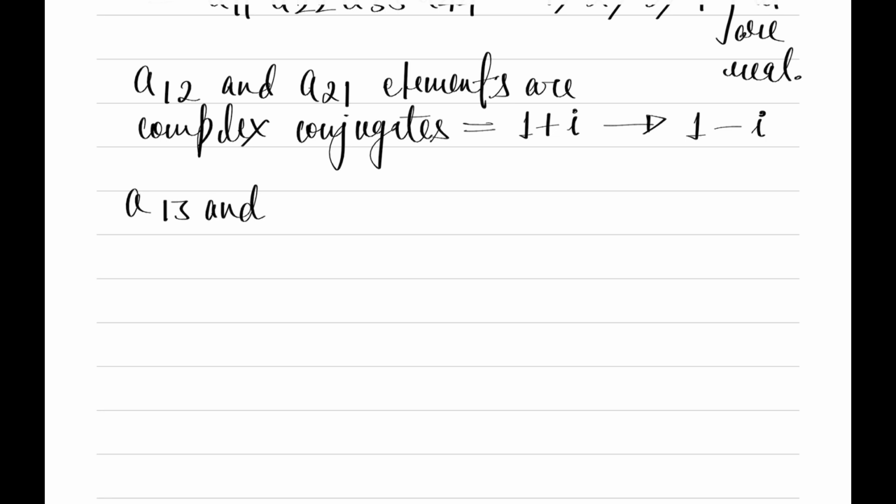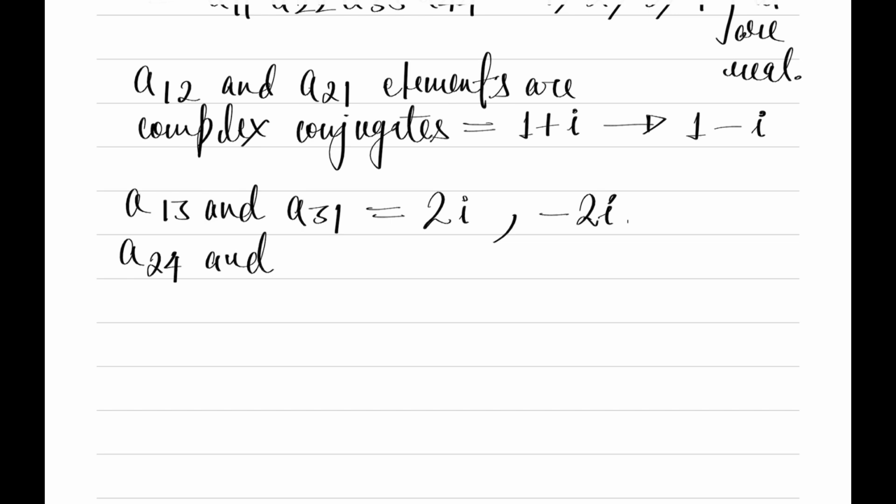A13 and A31 are 2i and minus 2i. They both are complex conjugates, and elements A24 and A42 are 7 minus i and 7 plus i.